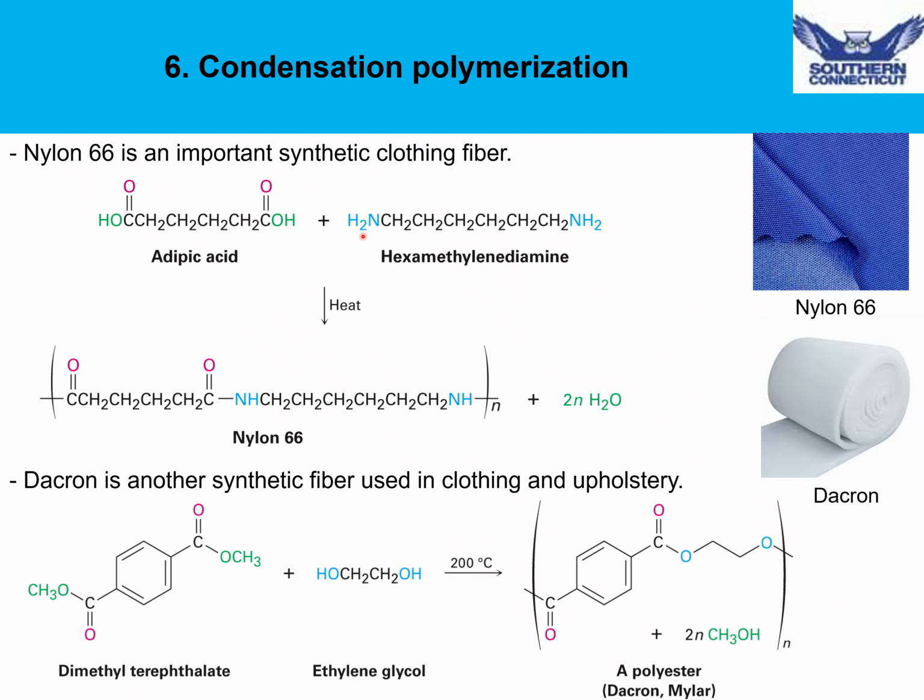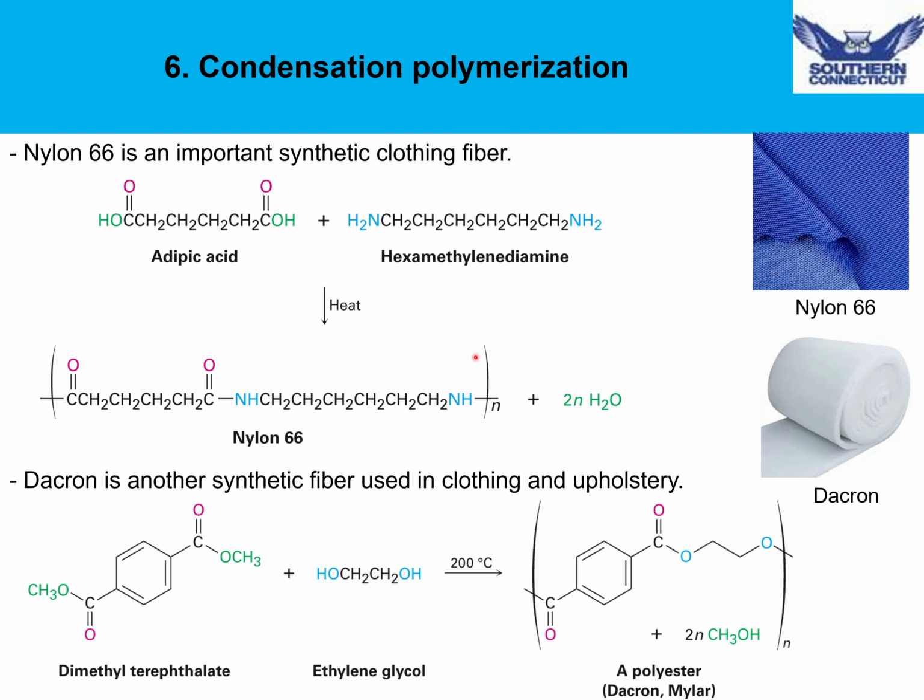One of the nitrogens can replace the OH group on a carboxylic acid, and if we repeat that multiple times, we'll end up making a polymer, which we call nylon 66. Each reaction makes an amide bond, and that reaction continues.